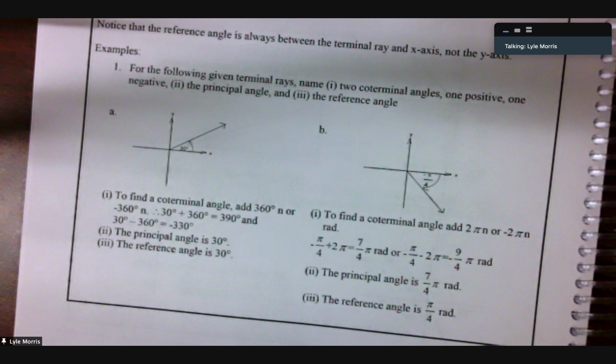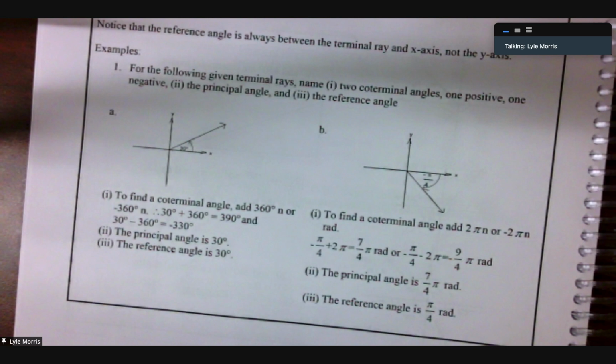In this case, 30 degrees, I can just add 360. So 30 plus 360 would be 390. If we want to go the other way around, that would be negative 330, because you only have 30 more degrees to get your full 360. So we're stopping 30 short, so that's negative 330.